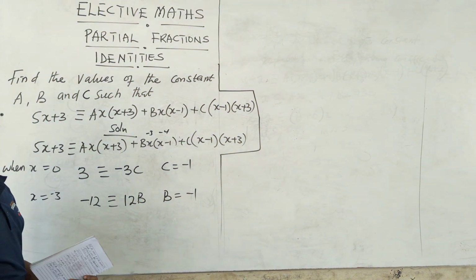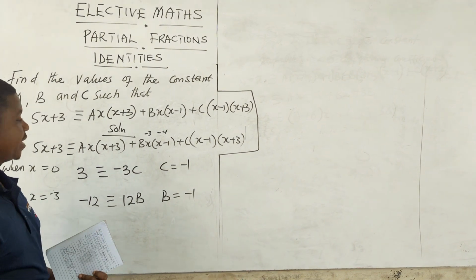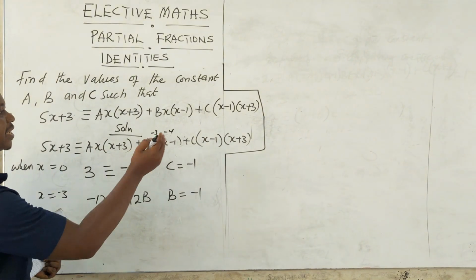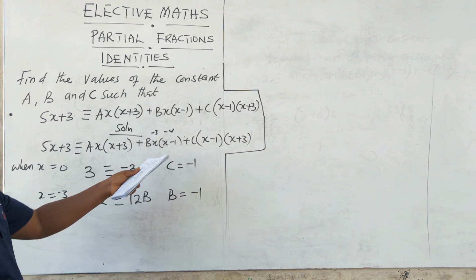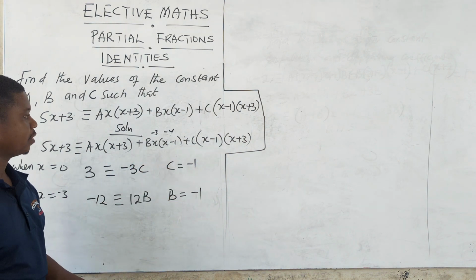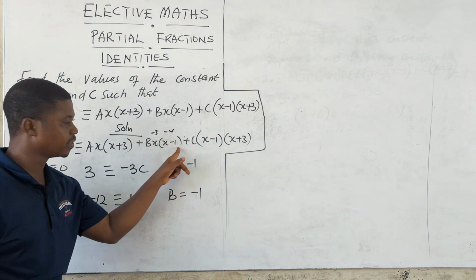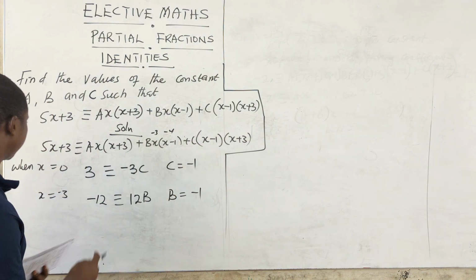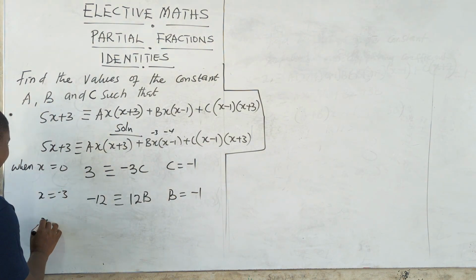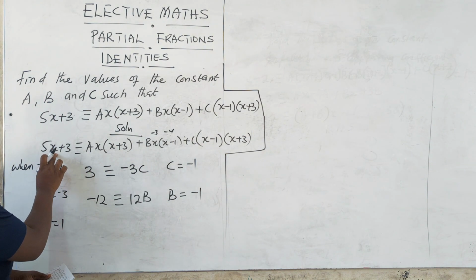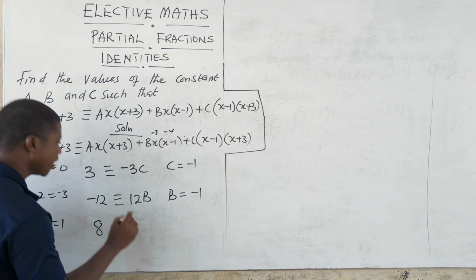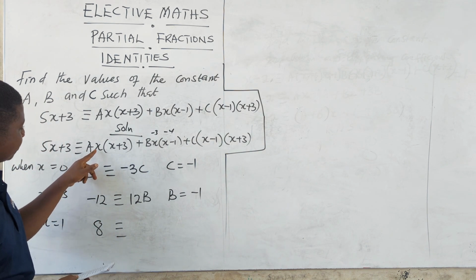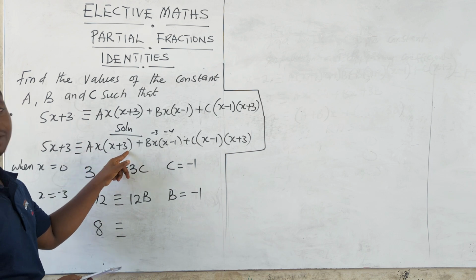Now it's left with a. And to get a, it means that we need to eliminate b and c. And to eliminate that, we can make x equal to 1. When x equals 1, the whole of this will be 0, the whole of that will be 0. So when x equals 1, we have 5 plus 3, and we have 8, which will be equivalent to 1 times a is a, 1 plus 3, so 4a.